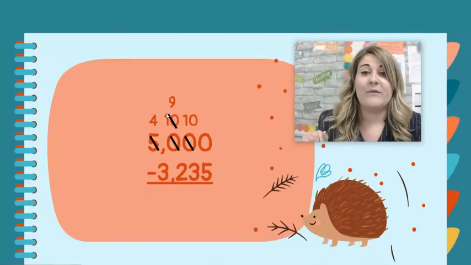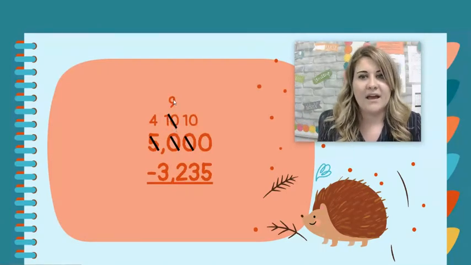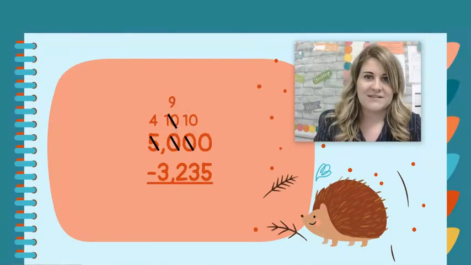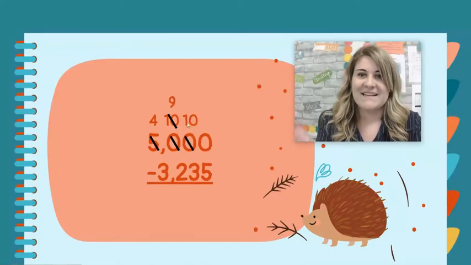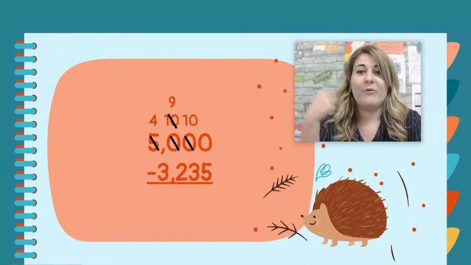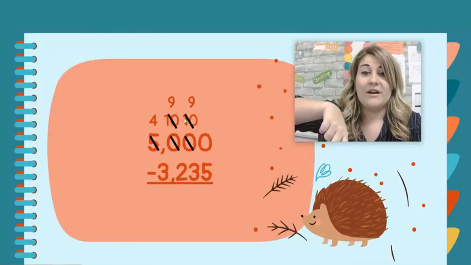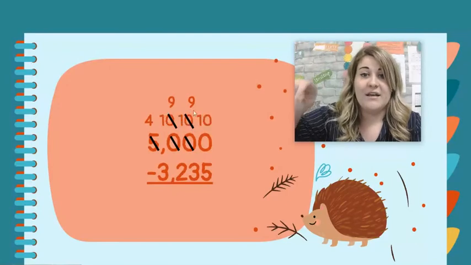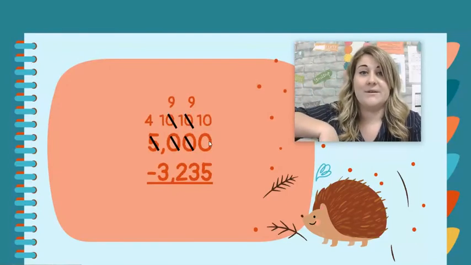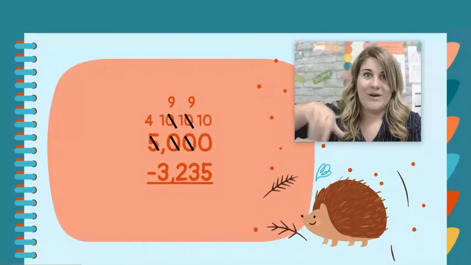Now we can take 1 from the 10, make it a 9, and give that 1 to the tens place to make that 0 into a 10. And now the 10 in the tens place can take 1 away from himself and give it to the ones place. So now we're going to take 1 from the 10, make him a 9, and make this 0 into a 10. It's a lot.